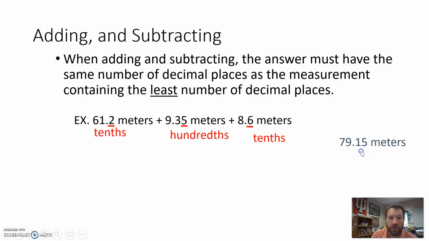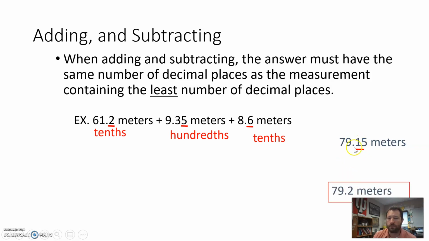Now the idea with the addition-subtraction rule is that our last significant digit can only be as accurate as the least accurate, or precise, measurement. So we have 61.2, that's in the tenths column. We have 8.6, that's in the tenths column. Guess what? Our answer must have its last significant digit in the tenths column.